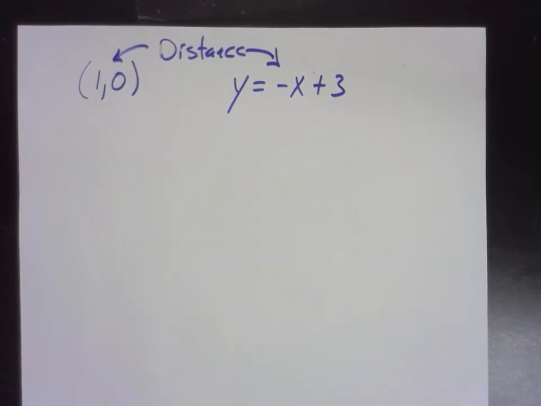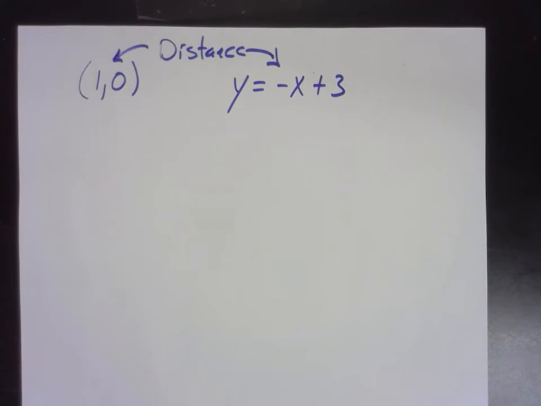Now you guys know how to find the distance, kind of, don't you? What have we talked about with distance before? Distance formula, right? But is the distance formula for a point and a line? What's it for? 2 points, right?